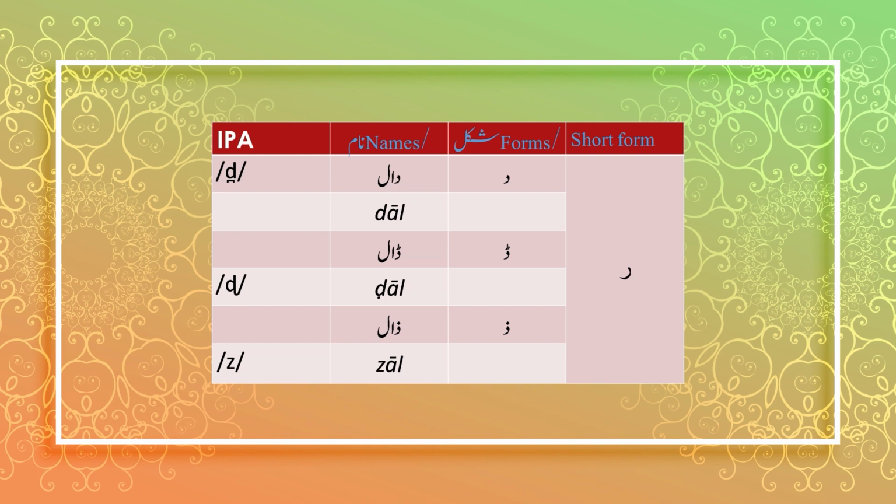You can see one short form. We have 4 columns here. In one column we have the short form, and we have its full forms, its names, and the IPA standardization. The short form is like ray, and the full forms are here, DAAL and DAAL.